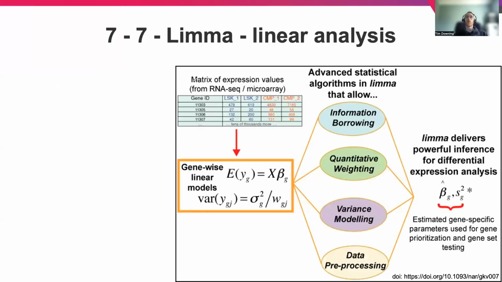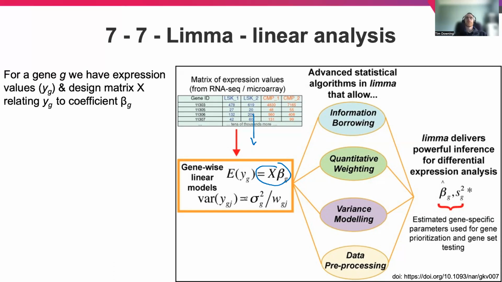So we have this overview here where we have a matrix of expression values as shown here, and then we're using these linear models to infer the expected value for y_j and use that to infer x beta_j and get the variance of this across the different samples to scale that by weight accordingly.